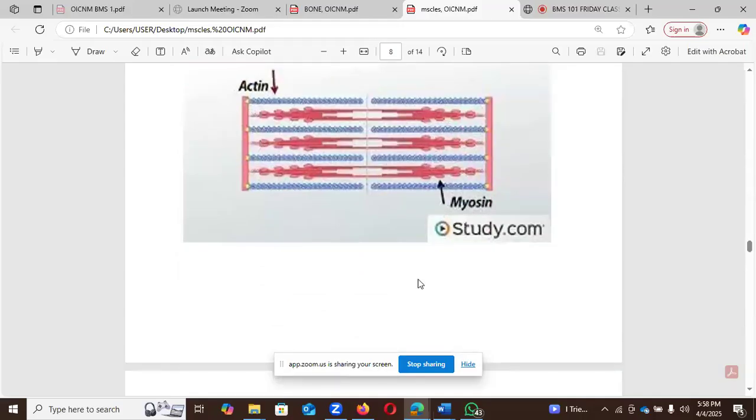Again, you see the myofilament. This blue is the actin, this red is the myosin. Myosin is red, it is very big and thick. Actin is thin, myosin is thick.